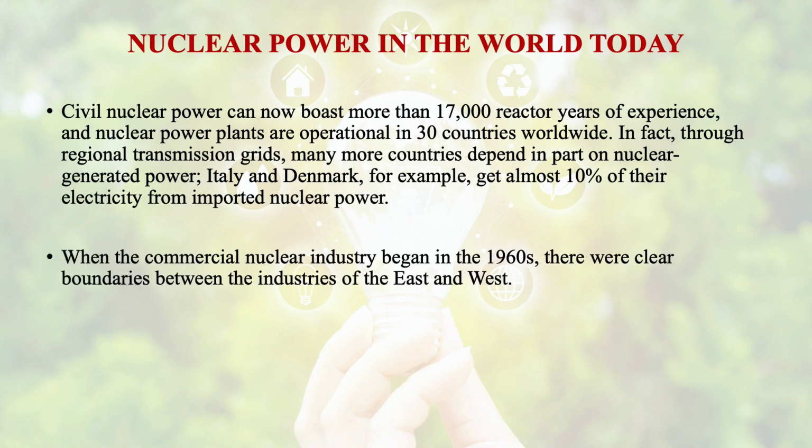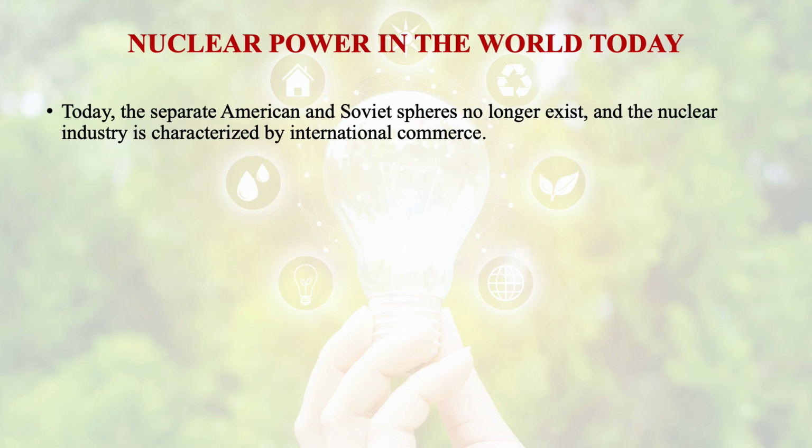When the commercial nuclear industry began in the 1960s, there were clear boundaries between the industries of the East and West. Today, the separate American and Soviet spheres no longer exist, and the nuclear industry is characterized by international commerce.